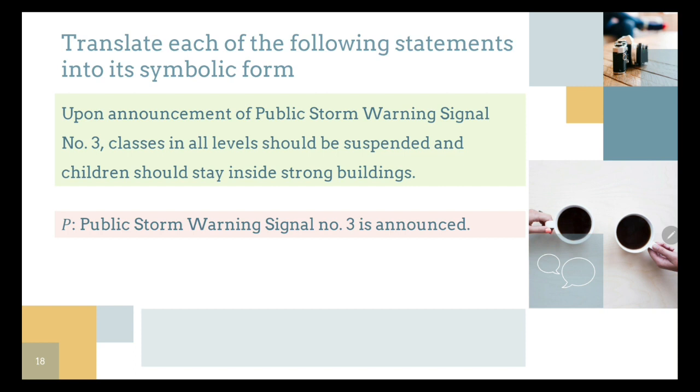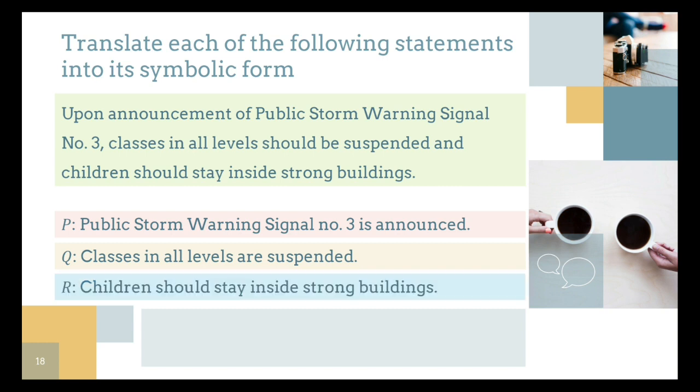The first, P: public storm warning signal number 3 is announced. Then Q: classes in all levels are suspended. Then R: children should stay inside strong buildings.